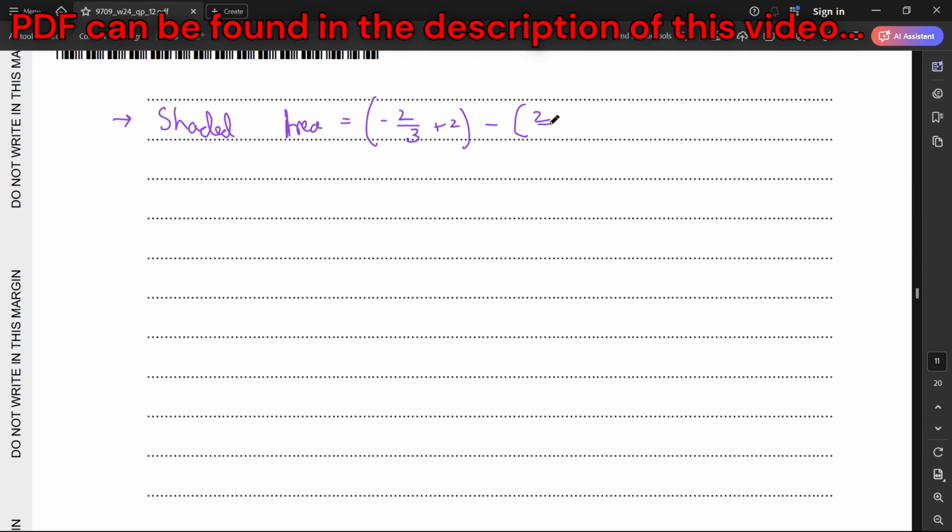So it is 2/3 - 2. So I'm going to get -2/3 and -2/3 as -4/3. And then this is going to become plus 2, which is 4. So 4 times 3 is 12, 12 minus 4 is 8. So the answer comes out to be 8/3 unit squared.